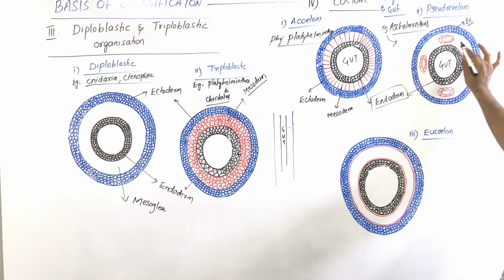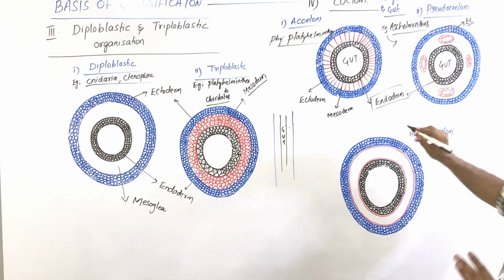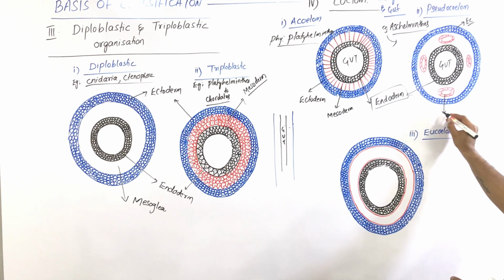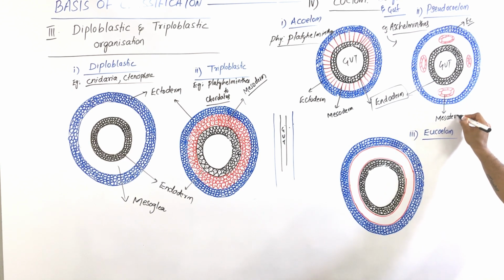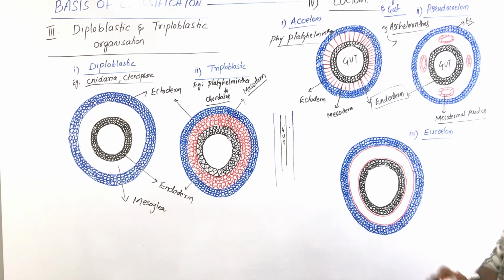Now there is mesoderm. All this red is mesoderm. Mesoderm is present in the form of mesodermal pouches. These are mesodermal pouches. So you can see there is a space.